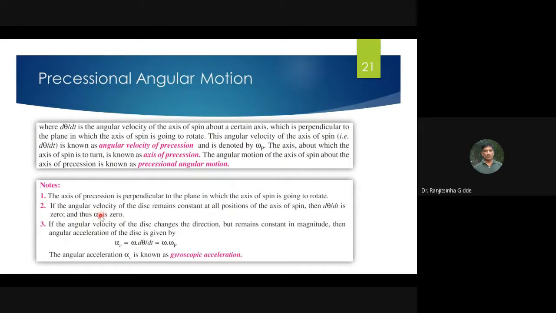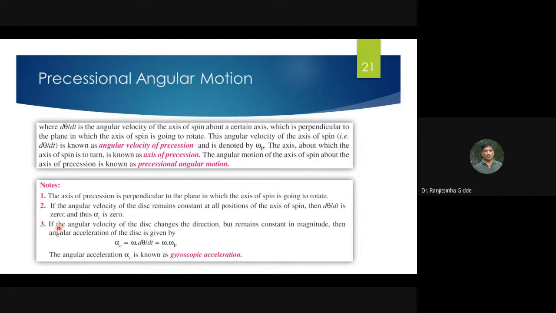If there is no change in angular velocity of the disk, the rate of change of angular velocity, that is the acceleration, is 0. So if angular velocity is constant, then d theta by dt is also 0, and accordingly alpha c is also 0.